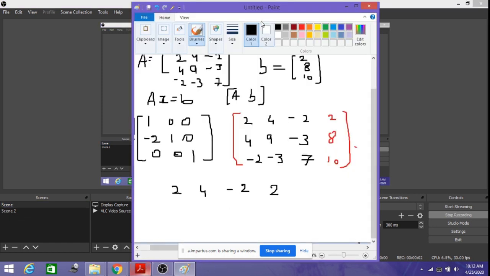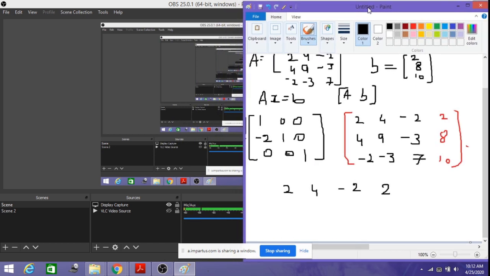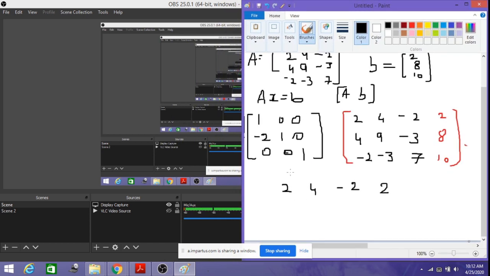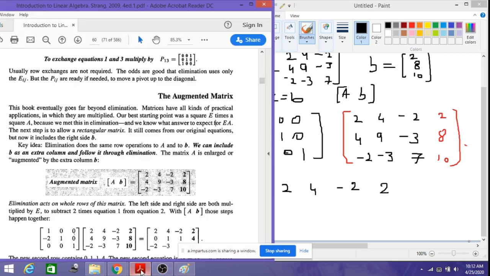So let us keep on multiplying these terms here. What do we get in the next row? Can you quickly tell me what answer you get here?